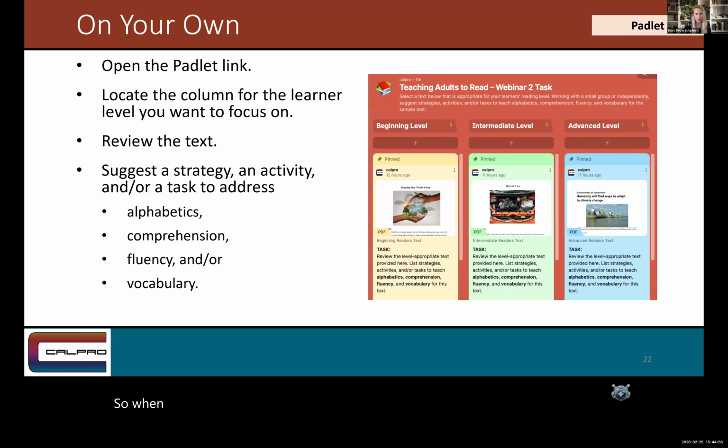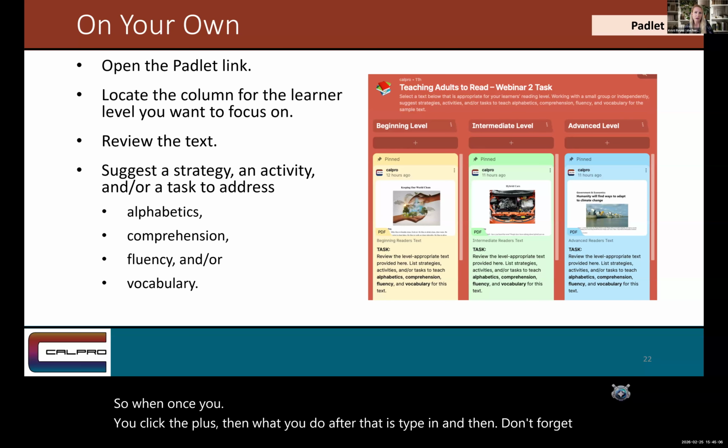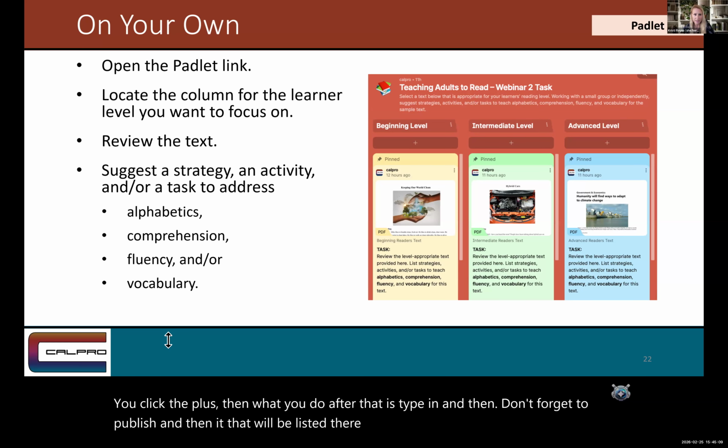You click the plus, then what you do after that is type in, and then don't forget to publish, and then that will be listed there. I believe that it is set up so that you can edit as well.